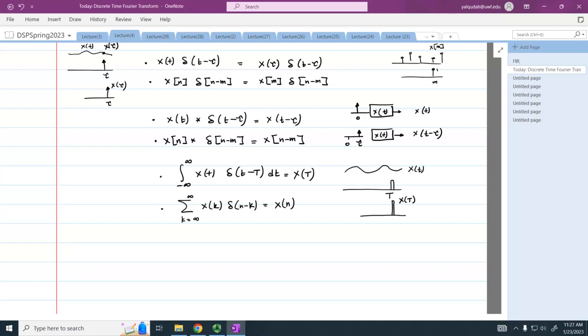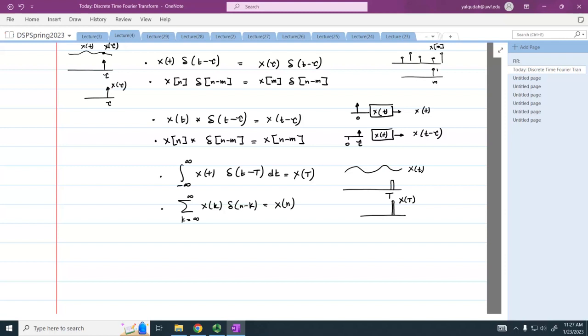Exact same logic. Again, the index here is k. So this is going to be non-zero only when k is equal to n. It's going to be scaled by x of n.